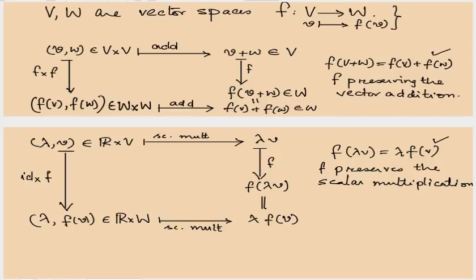That is, we have this equation. So it is not just an arbitrary function from V to W, but a function alongside two conditions: preservation of addition and preservation of the scalar multiplication.